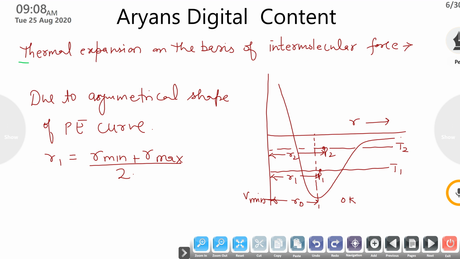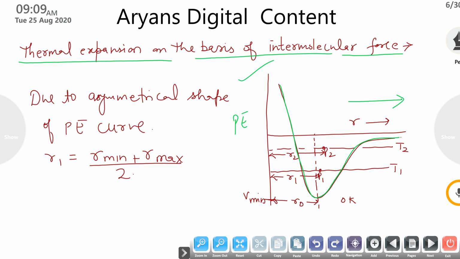Next is thermal expansion on the basis of intermolecular forces. Means how we can understand how expansion occurs in any object. This can be studied simply by a graph. This is the graph between potential energy and the interatomic separation between the atoms. This graph shows the potential energy with respect to interatomic separation.